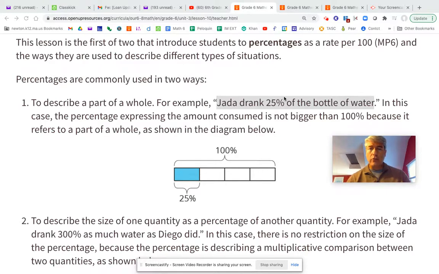Jada drank 25% of the bottle of water. What does that mean? Well, what if Jada had 100 milliliters in her bottle? And what she chose to do is to drink a quarter of it. You can see from this tape diagram and the length of each of these, it's broken down, that the 100% is broken down into 4 equal lengths.